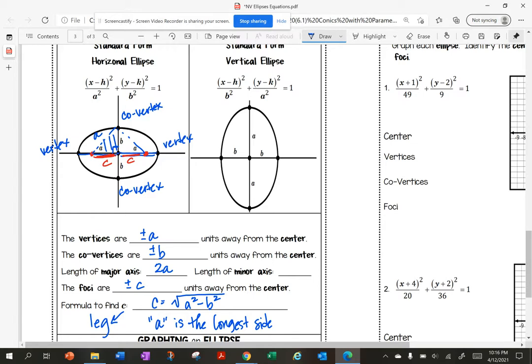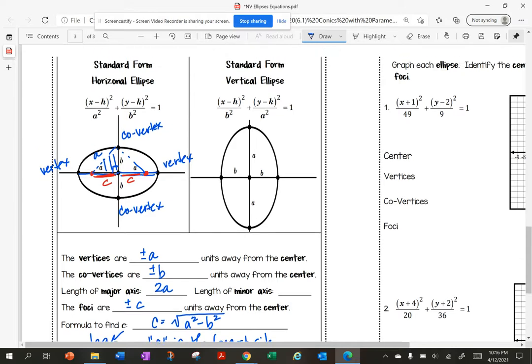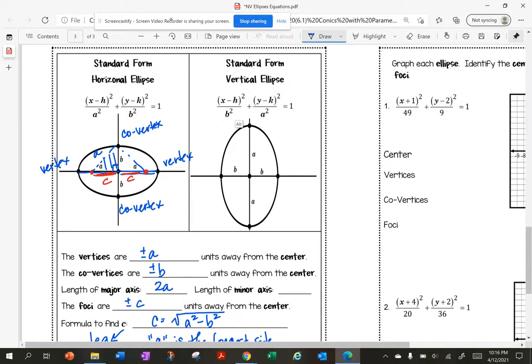Okay, same thing for my vertical ellipse, but this time I have (x minus h) divided by b squared. Whatever a squared is, I know that's the major axis. So the larger number is the major axis, and the major axis is under y. So this time I have a vertical ellipse.